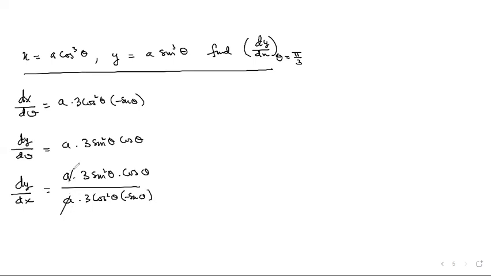So a cancels, 3 cancels. So that became minus tan theta. Is it fine? One sine got cancelled, one cos got cancelled.